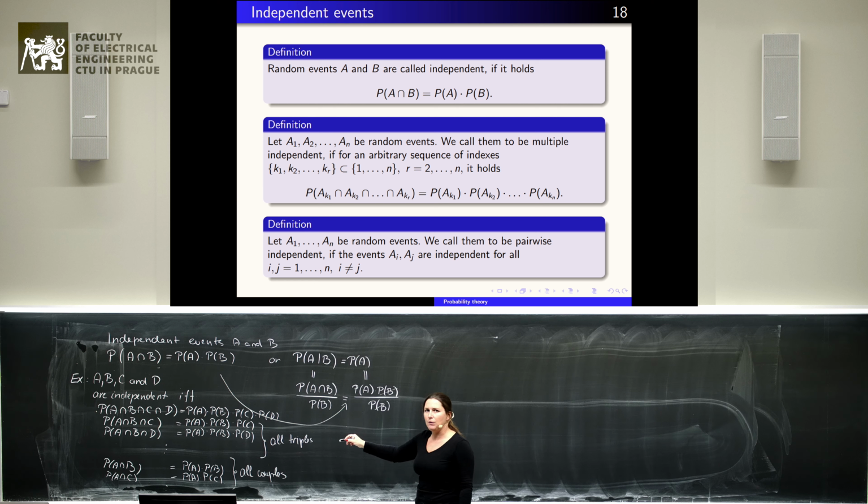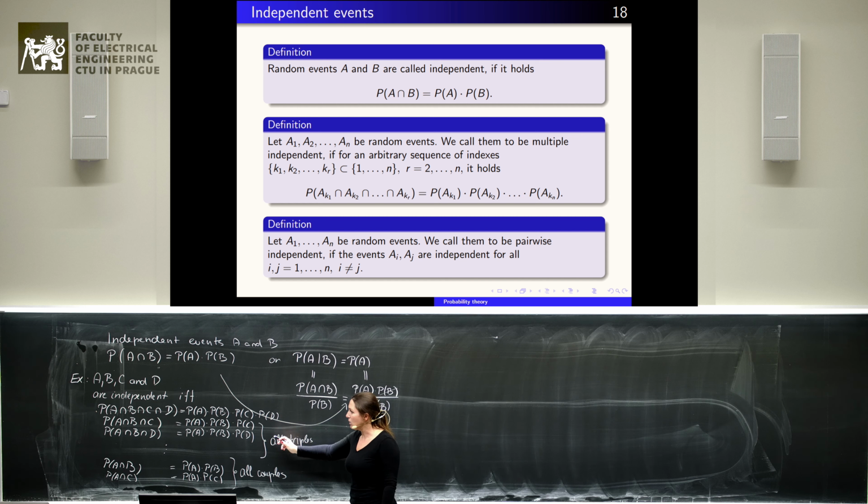Only if it is satisfied for all these combinations we can get, we can say that these events are independent. If at least one of these equalities is not satisfied, then the events are not independent.